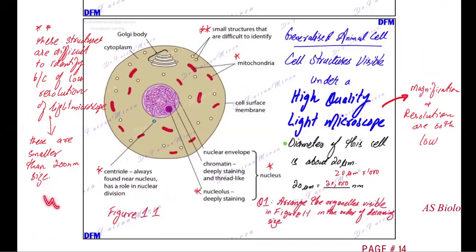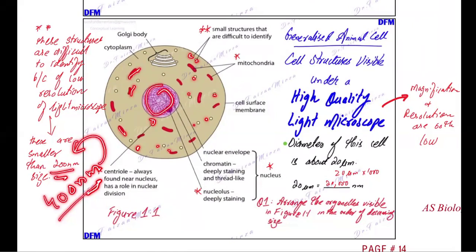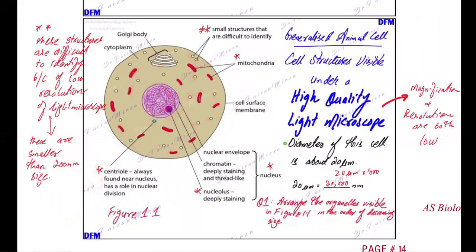Because the light microscope uses a smallest visible wavelength of 400 nanometers, which is violet color, the shortest visible wavelength for the human eye, and the limit of resolution is half of it. So anything smaller than 200 nanometers will not be visible to you. All these structures which we cannot see are smaller than 200 nanometers, and the ones that you can very well see in the light microscope are larger than 200 nanometers. That's why they are all visible to you.